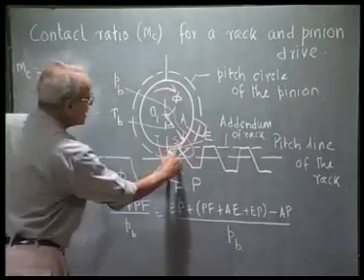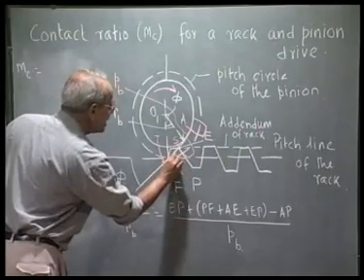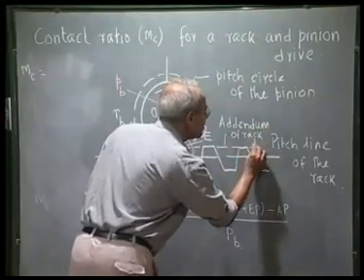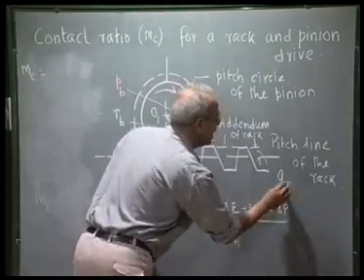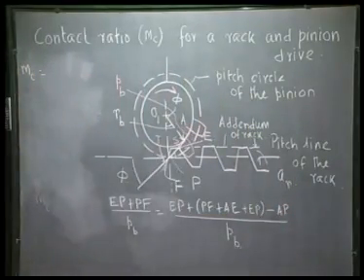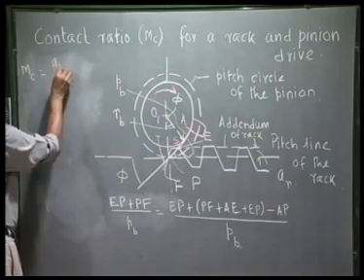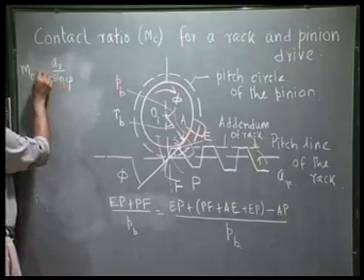What is EP? EP is this height, which I can see if this angle is phi and this vertical height is the addendum of the rack, which I denote by AR. AR is the addendum of the rack. So, this EP is nothing but AR by sin phi, where phi is the operating pressure angle.